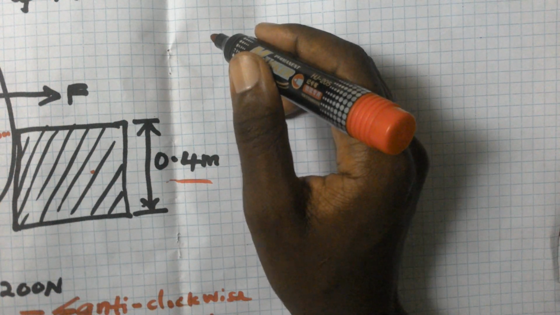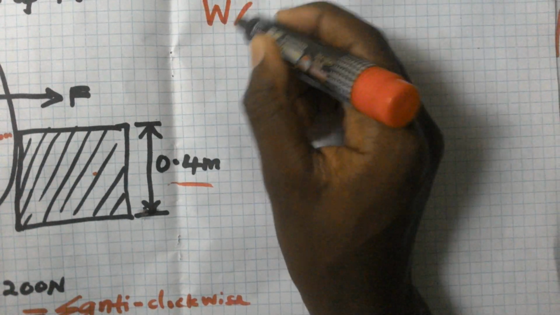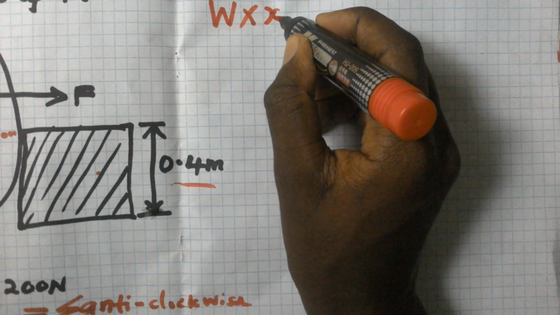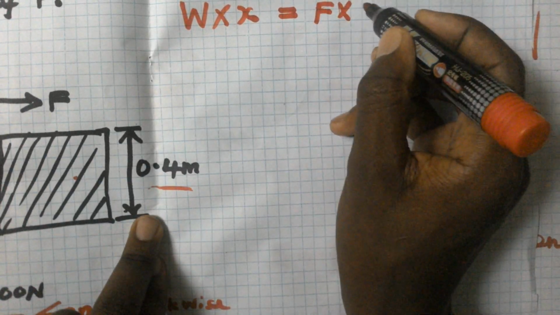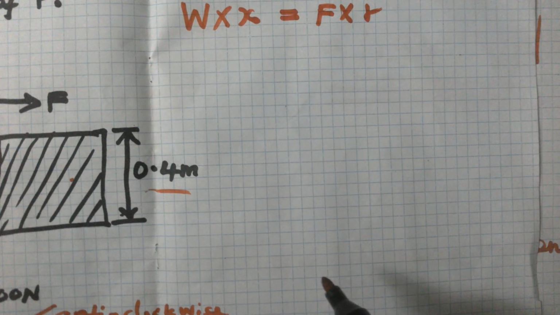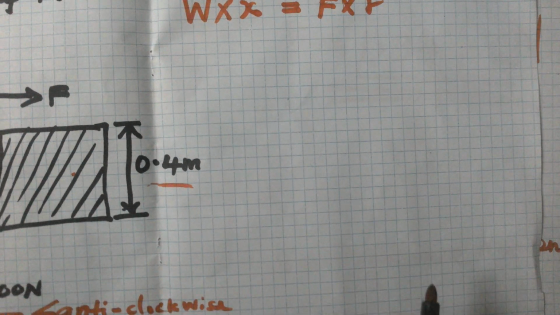So the clockwise moment is this W. So the W times x should give us F times the radius. Are you getting this? That the W times x should give us the force times that radius.